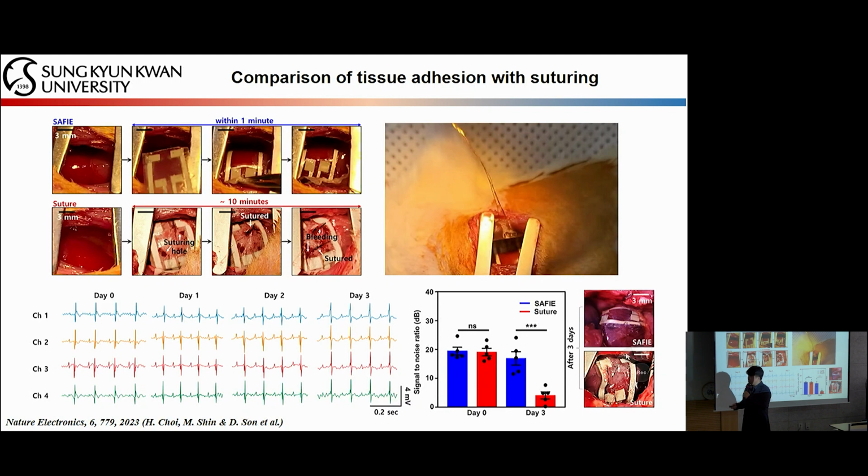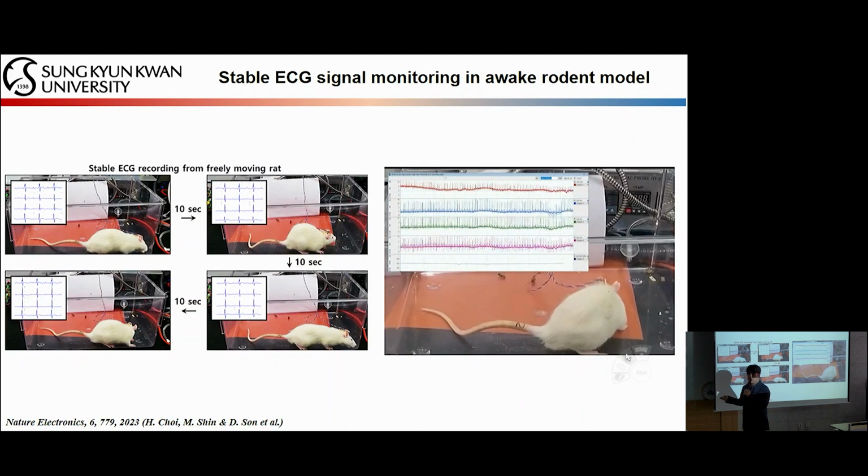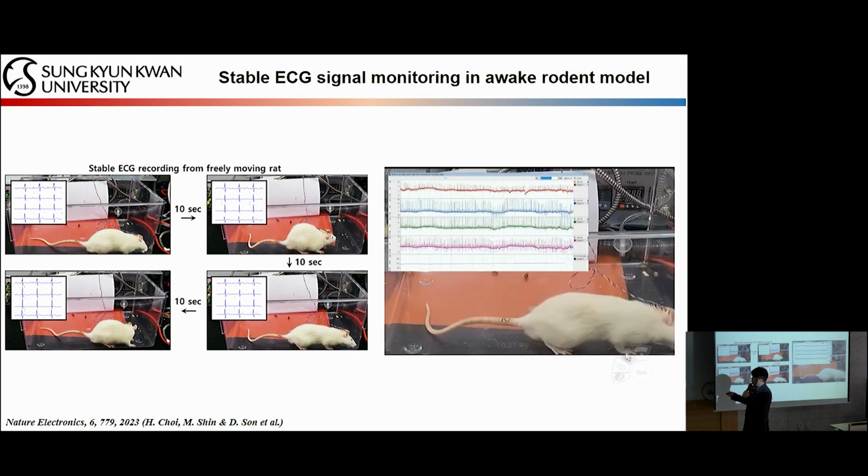And as you can see here, initially, at 0 day, the tissue adhesive based approach or suturing based approach allows the ECG signals, and this epicardial patch can work properly. But after 3 days, the suture case showed that the SNR goes down due to the unstable tissue interfacing and non-conformal contact. Thanks to the robust tissue adhesion of our patch device, we can monitor ECG signals.